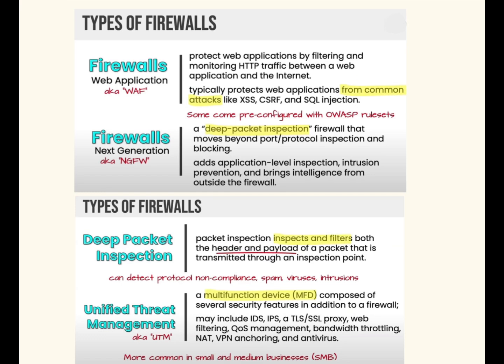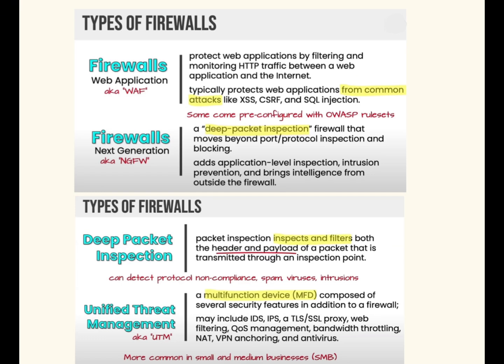We call it WAF. So WAF protects websites by filtering the traffic between a web app and the internet. It blocks attacks like cross-site scripting, cross-site request forgery, and SQL injection.